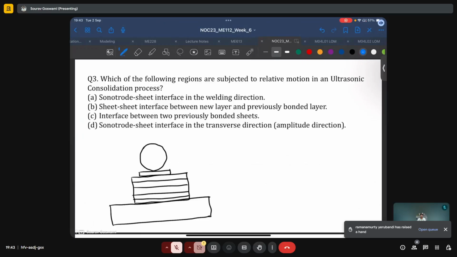The sonotrode sheet interface will be located here. This is option A. The sheet interface between new layer and previously deposited layer is here.